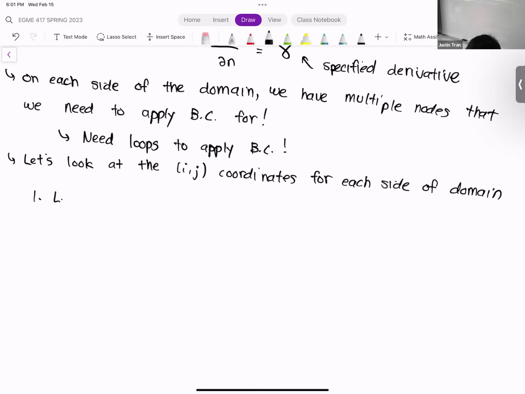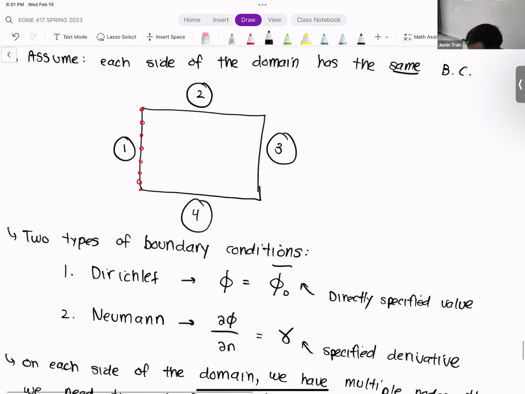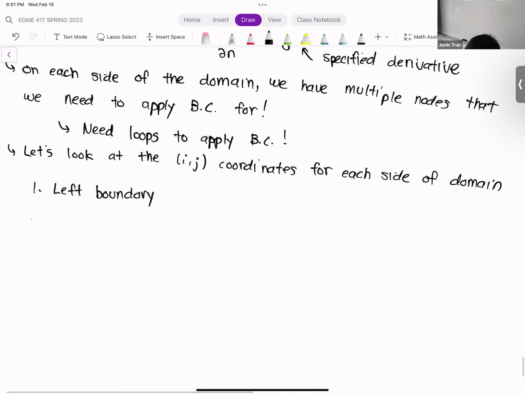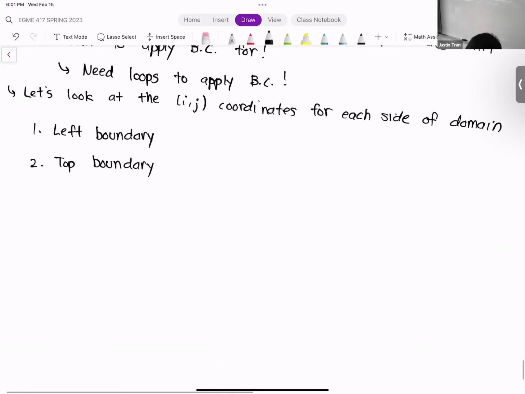Let's use consistent numbering. 1 is the left boundary, 2 is the top boundary, 3 is the right boundary, and 4 is the bottom boundary.